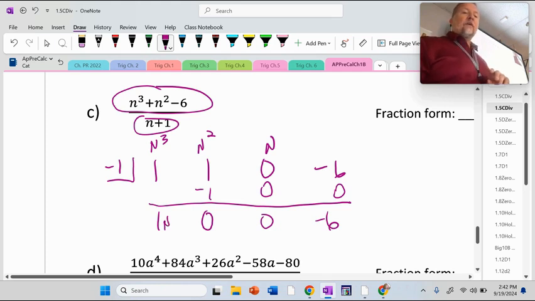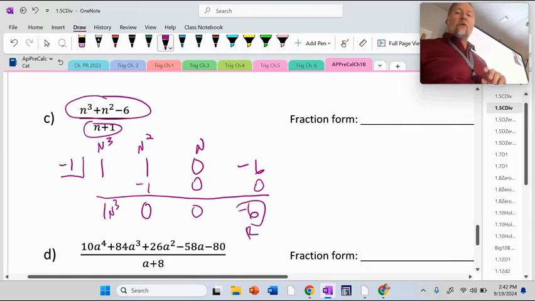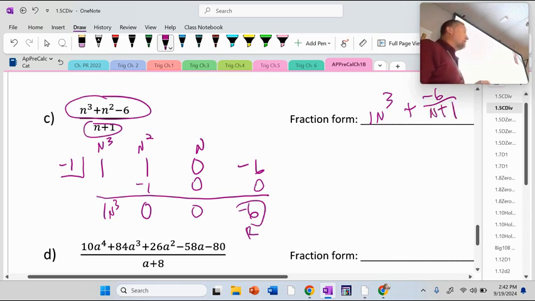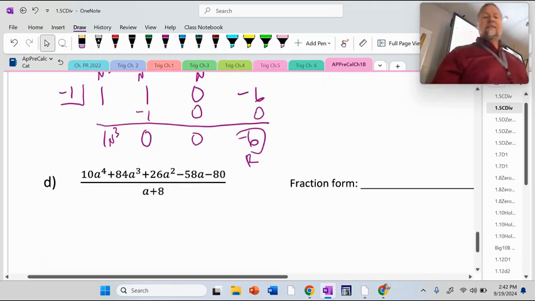Depressed polynomial. That's the remainder. So how do I write that in fractional form? I literally only have 1n cubed plus the remainder divided by the divisor. See how fast that is? What do you like better, long division or synthetic? You'd be crazy to say the other one.